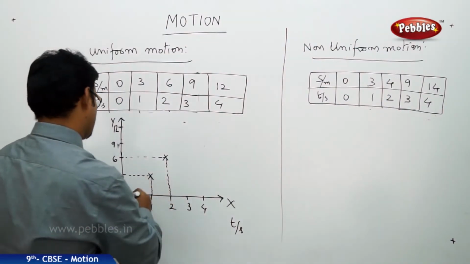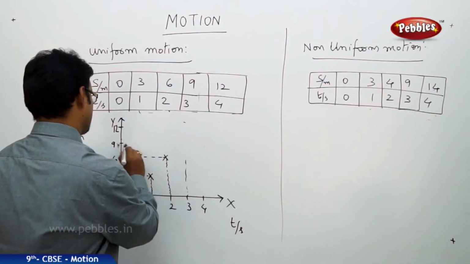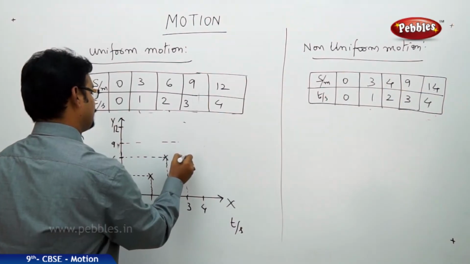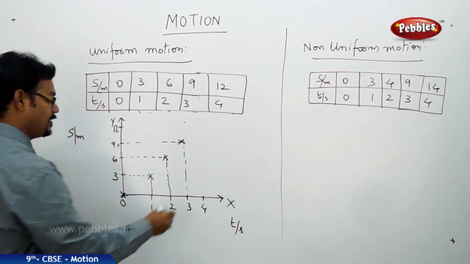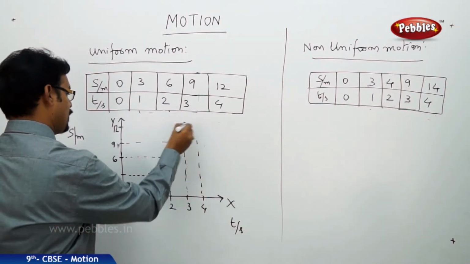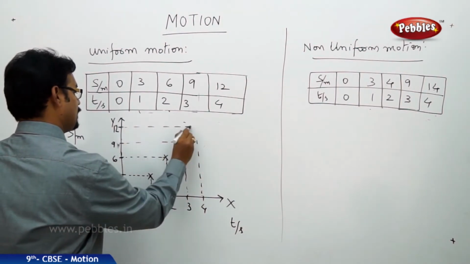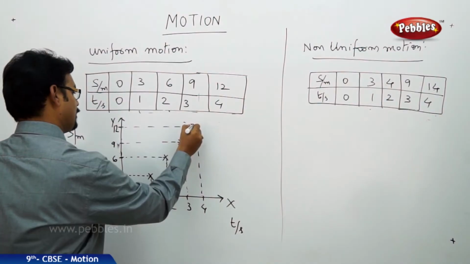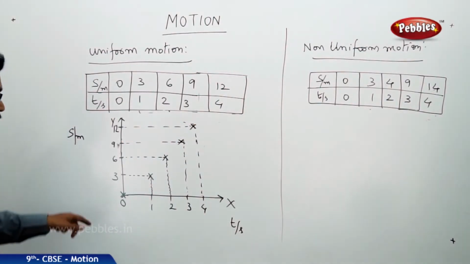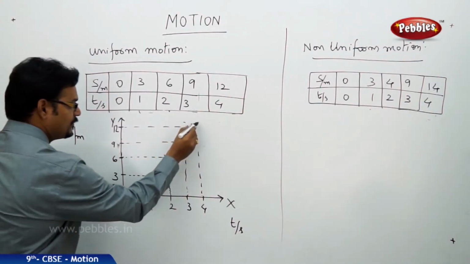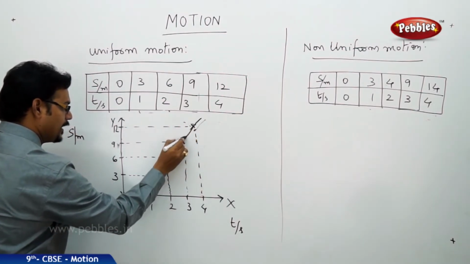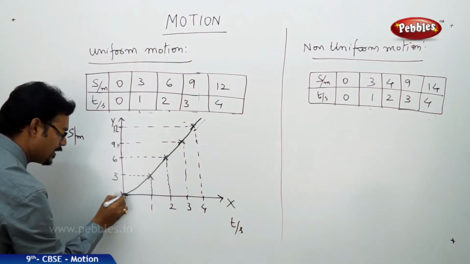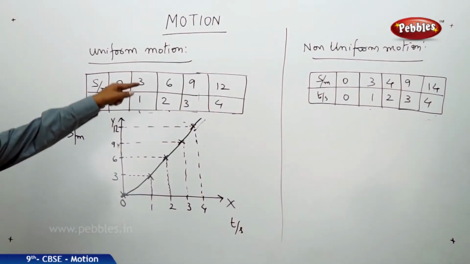Now 3 seconds, 9 meters. Similarly, plot the points approximately. If you join all the points, if you see carefully, you will get a straight line.